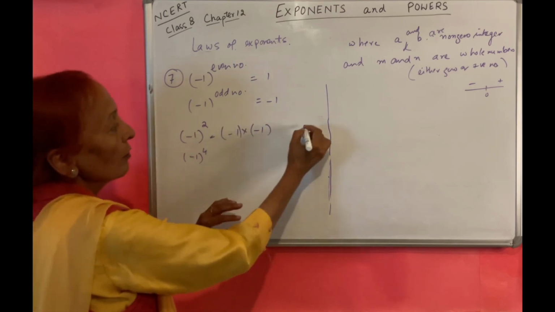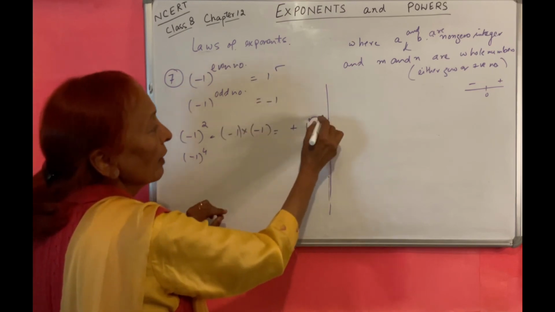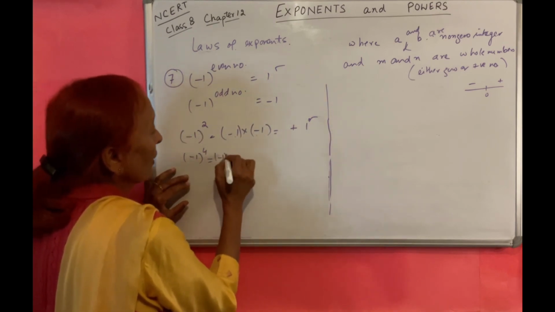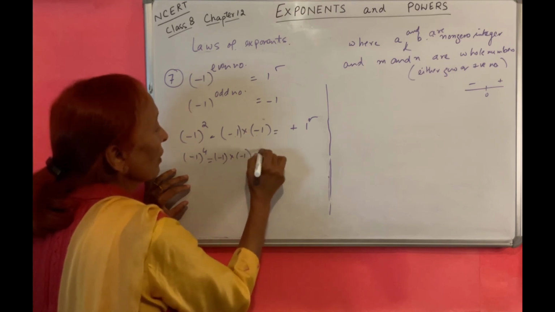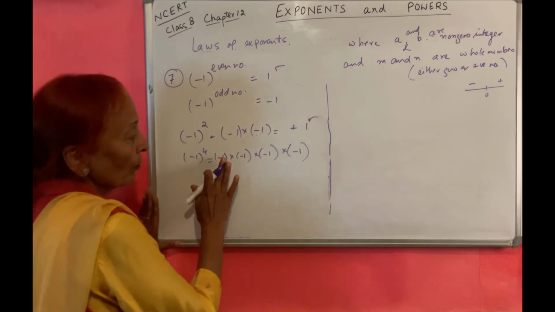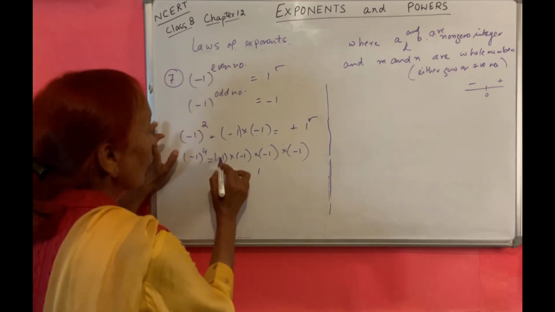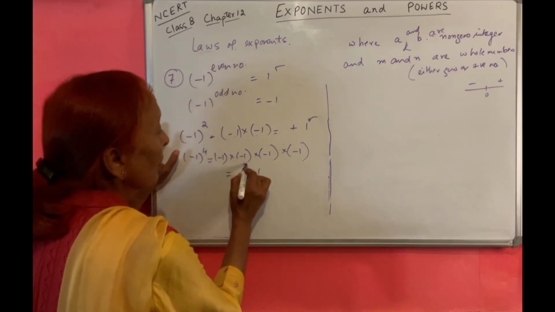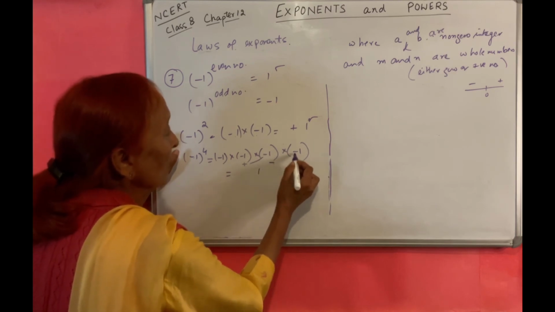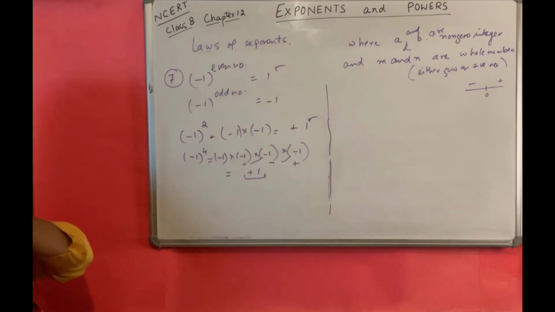So 1 into 1 is 1, minus into minus is plus, so this is plus 1, ठीक है. अब हम next even number लेते हैं 4, that means minus 1 into minus 1 into minus 1 into minus 1, 4 times. तो 1 into 1 into 1 into 1 is 1. अब हमें देखना साइन कौन सा आएगा. पहले इन दोनों को मल्टीप्लाई करा, माइनस इंटू माइनस इज प्लस, देन प्लस इंटू माइनस इज माइनस, देन माइनस इंटू माइनस इज प्लस. तो ये भी प्लस 1 है.